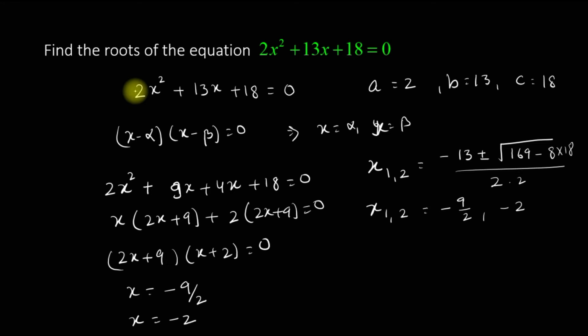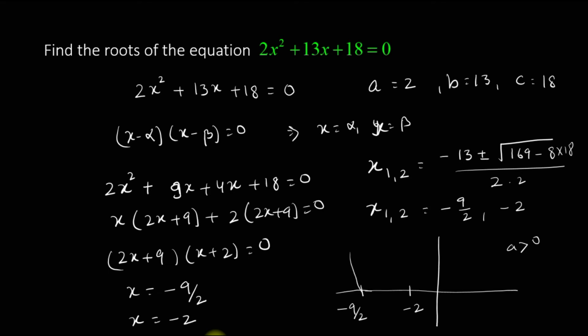Now if we want to trace the curve of this quadratic equation, suppose this is the y-axis and this is the x-axis. Both roots are negative, minus 2 and minus 9 by 2. So minus 9 by 2 is further left, and this is minus 2, and a is 2, so a is greater than 0, so the graph is concave upward.